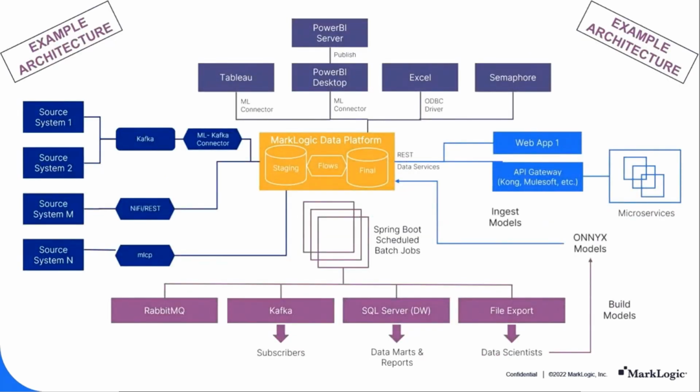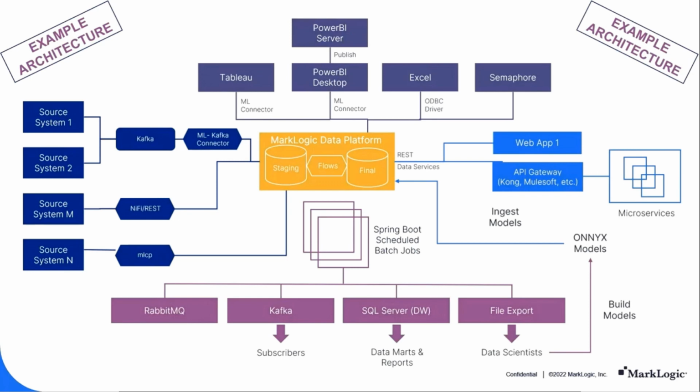What you see now is an example of where MarkLogic is found in a bigger landscape. There are different technologies on the inbound side like Kafka, Apache NiFi, or Rust services. On the outbound side, there could be operational applications like web applications or API gateways like MuleSoft or Kong, analytical tools like Tableau or Power BI, or other custom applications built in Java or Node.